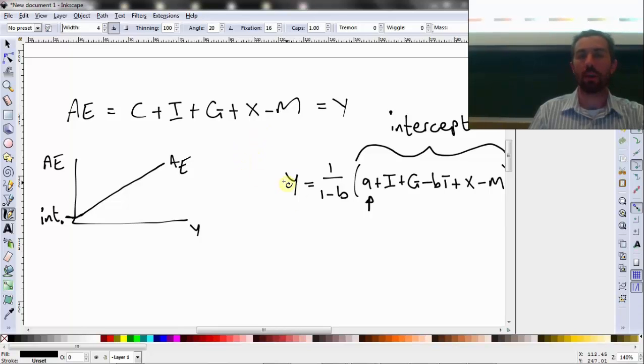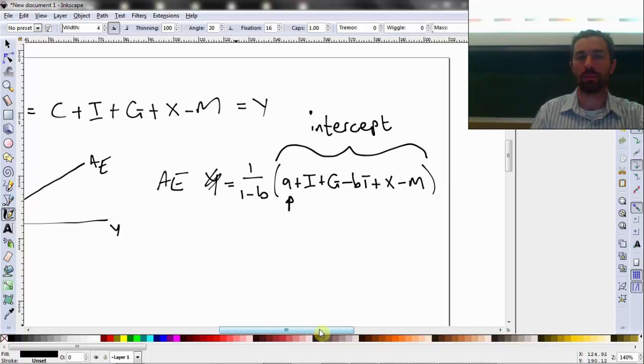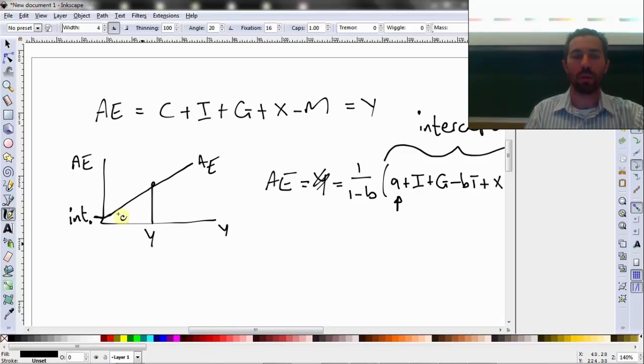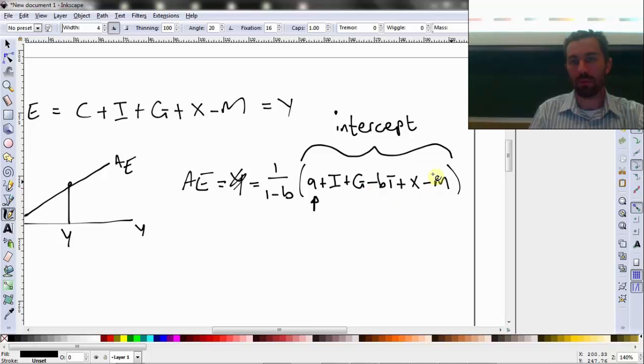Okay. So in other words, I'm using Y, but obviously what I'm plotting here is, let's not call it Y, let's call it aggregate expenditure, right? Okay. In other words, at some point of equilibrium when I've got Y, I'll have aggregate expenditure equal to Y equal to this, right? That's my intercept value. Okay.